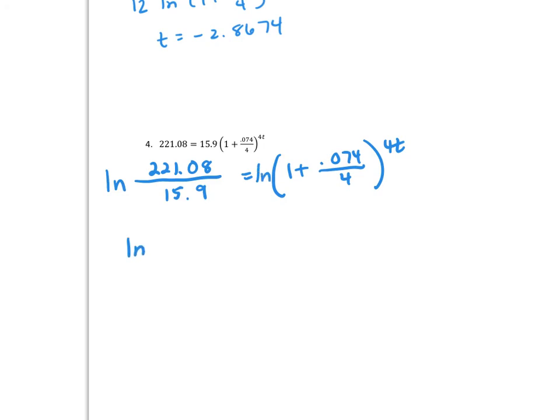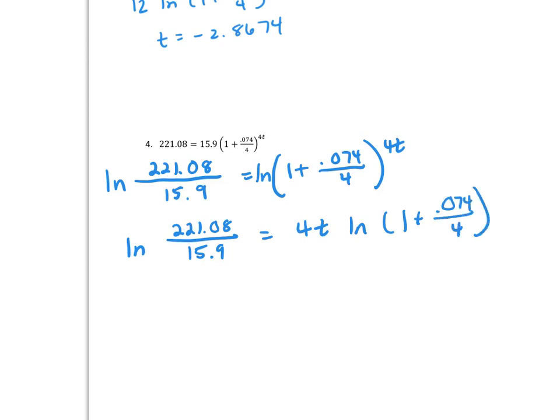That's going to be ln of 221.08 divided by 15.9 equals 4t times ln of 1 plus 0.074 divided by 4. And what I did here, I used that property of logarithms and brought this down in front and multiplied.